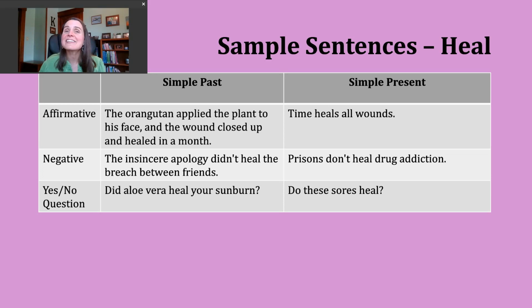You might also see the contraction, so do not can be combined to don't, and does not can be combined into the contraction doesn't. Let's take a look at another example. Prisons don't heal drug addiction. Okay. I have seen a number of people working with prison reform say something that is quite similar to this, right?